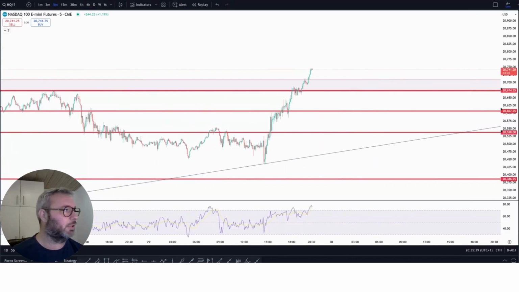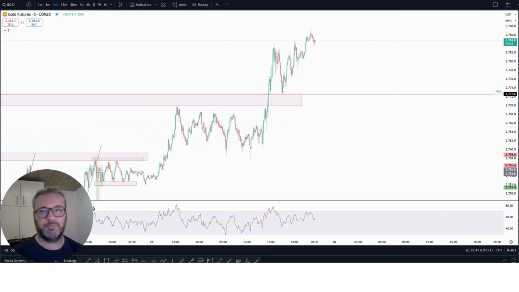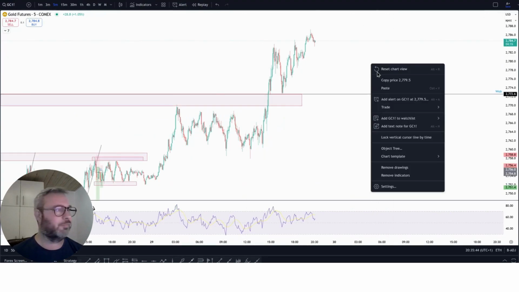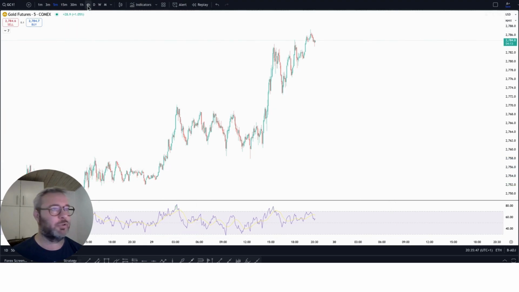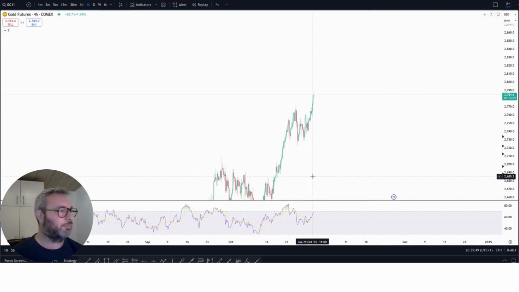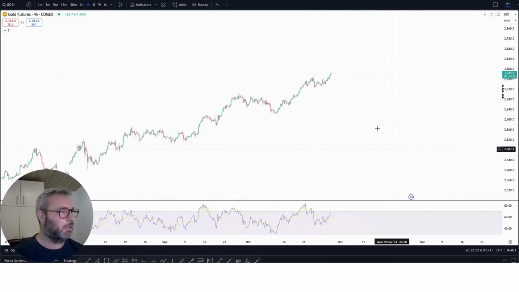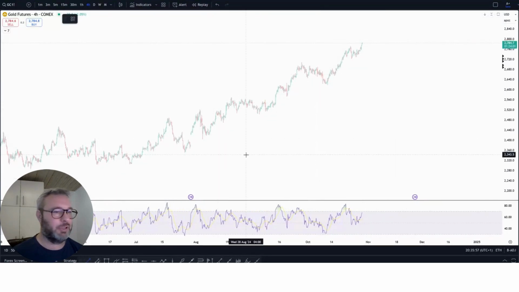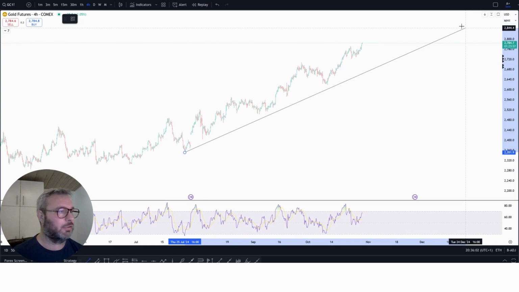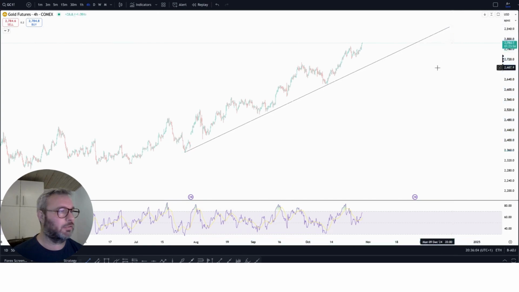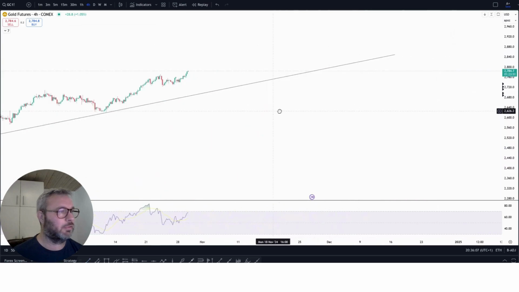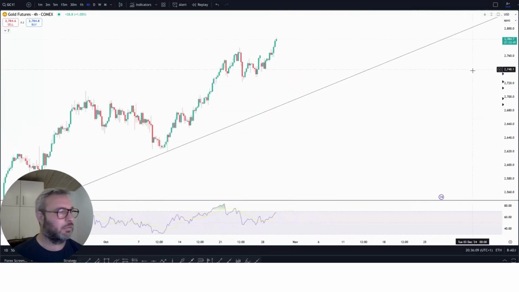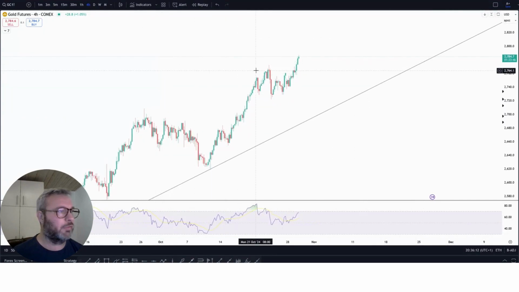So let's take gold. Again, I remove everything, start from scratch for our chart. So what do we have here? Oh, we have a trend line here. We have a good support level here at the old all-time high.